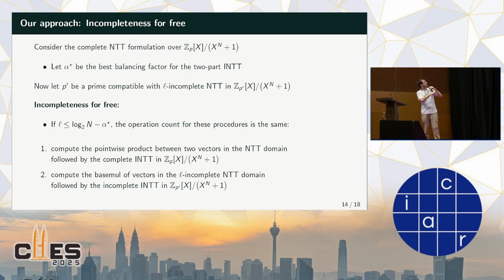The incompleteness for free property is that when your level of incompleteness is less than or equal to log 2 of n and this best splitting parameter, then the operation count for their original two-part inverse entity and our incomplete inverse entity with the embedding of the base move is exactly the same.